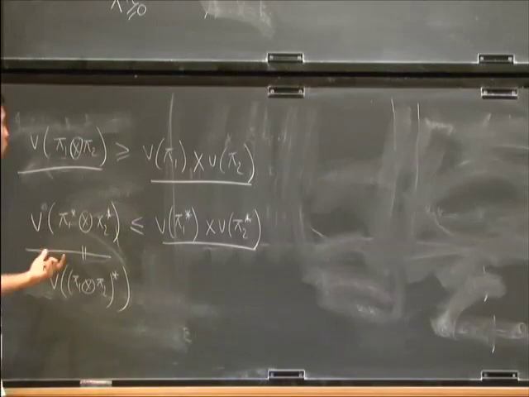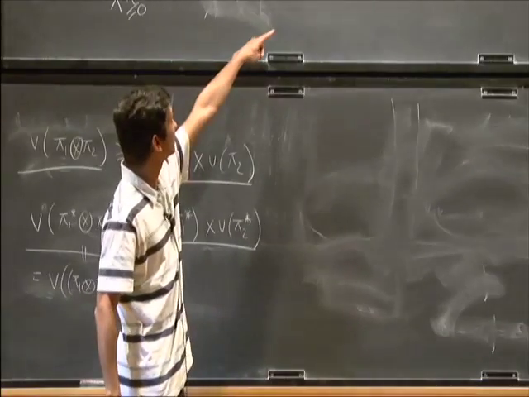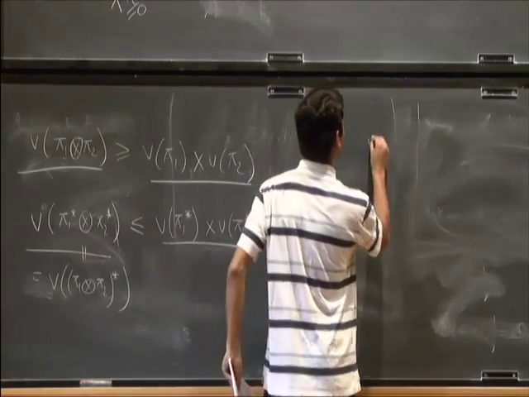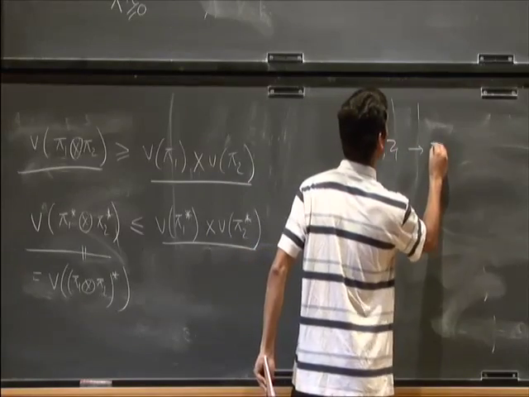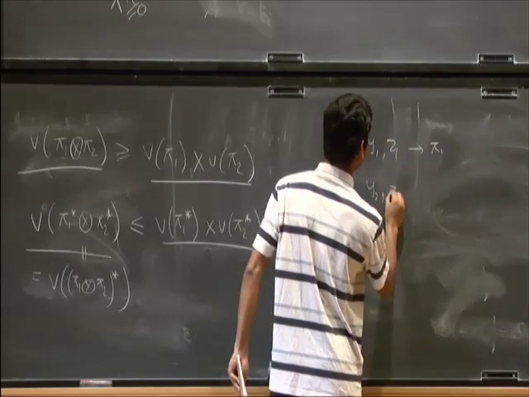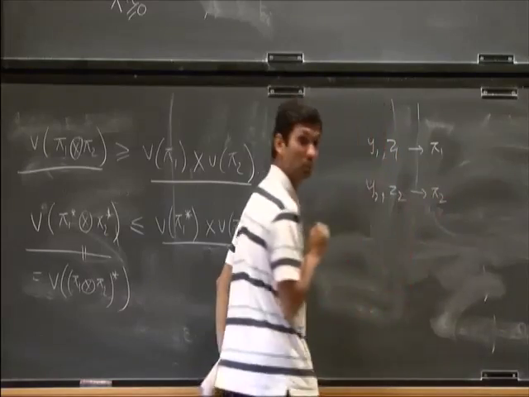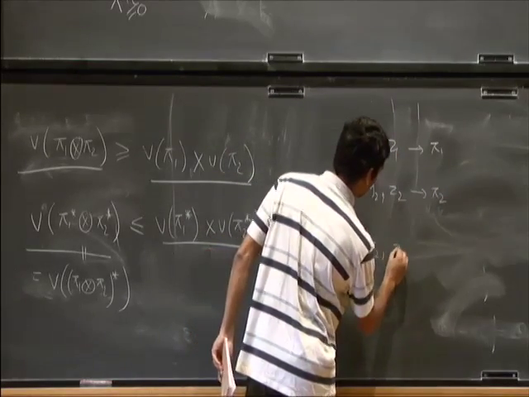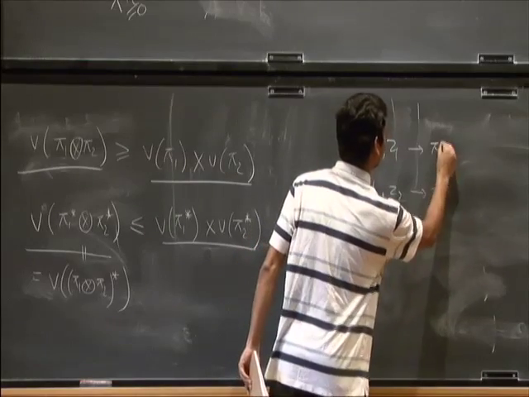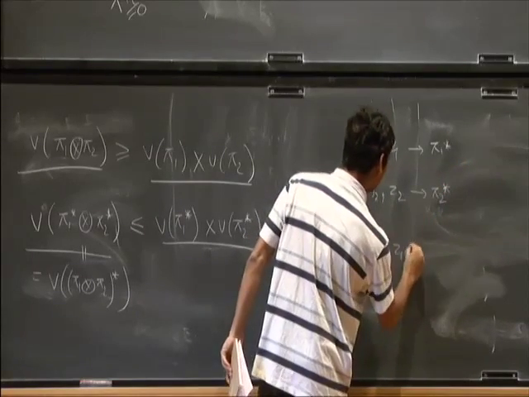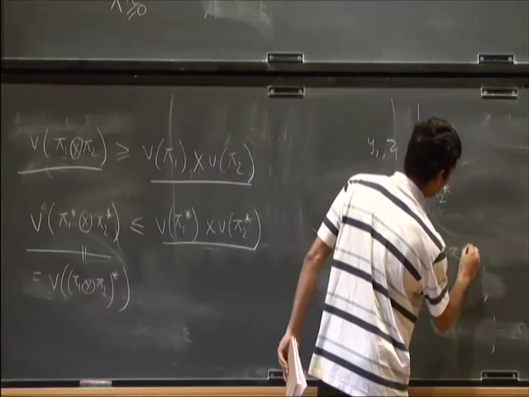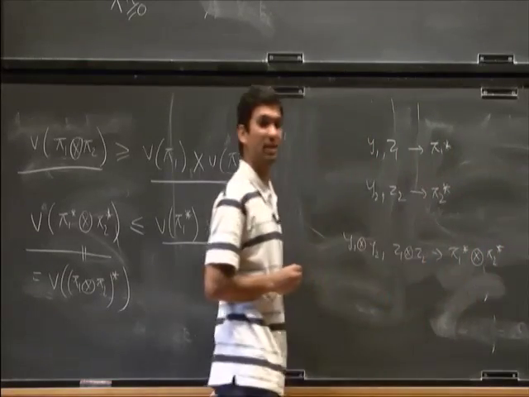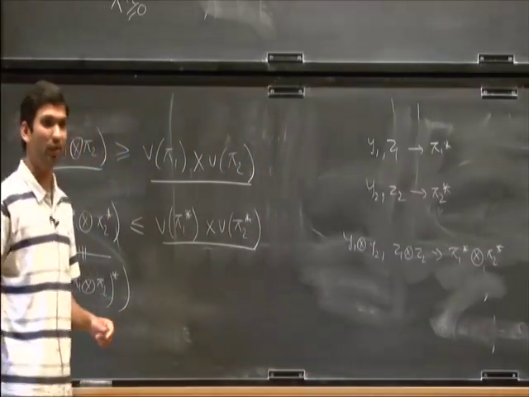Then everything will be equal. So what we need to show is that if y1, z1 is a solution of pi 1 and y2, z2 is a solution of pi 2, and if I can show that this is a solution of this, then I'm done, right?